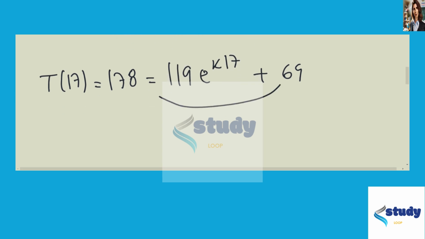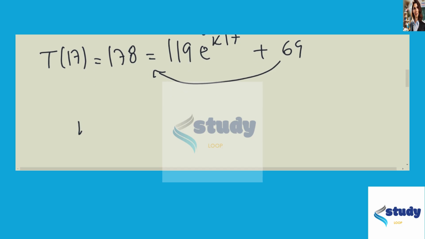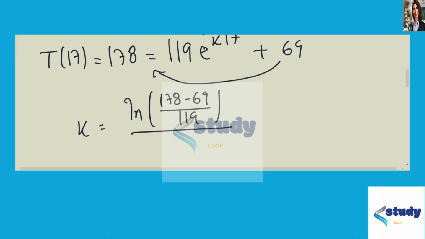We can pass this to the other side and divide by this, and then apply the Neperian logarithm. So we find that k is equal to the Neperian logarithm of 178 minus 69 divided by 119, and this divided by 17. From this we obtain that the constant k has a value of minus 5.16 times 10 to the minus 3.